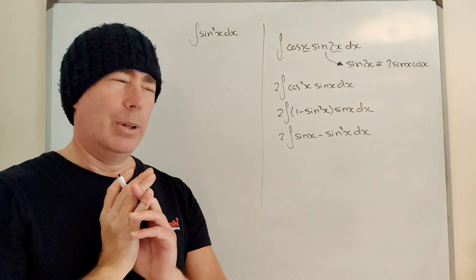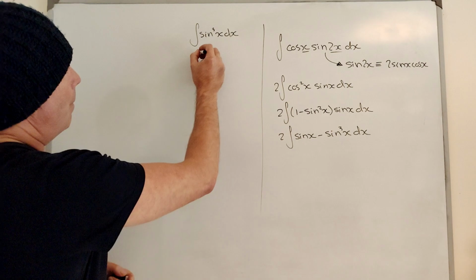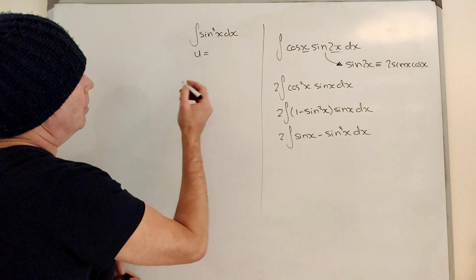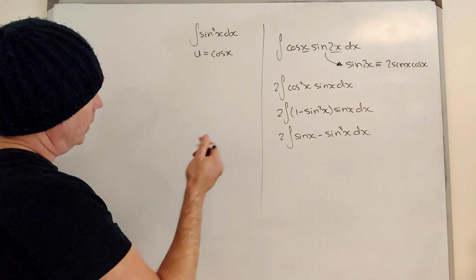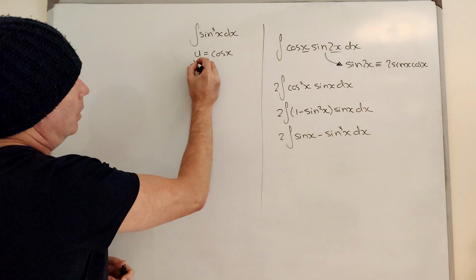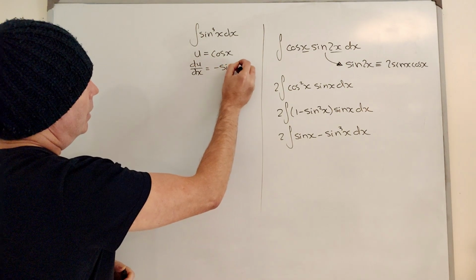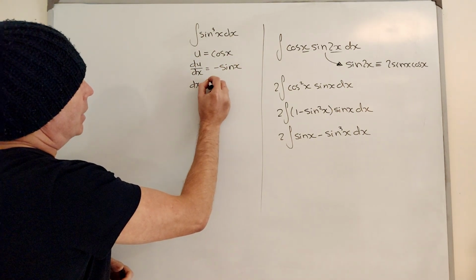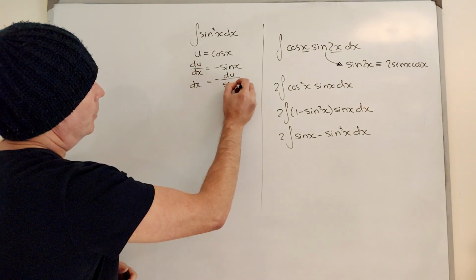Now, this was dealt with in a previous video by using a substitution. Our substitution was somewhat counterintuitively u equals cos x. And the reason I did this is because something nice happens when I differentiate. Cos goes to negative sin, and if I rearrange to get dx on its own, I end up with negative du upon sin x.